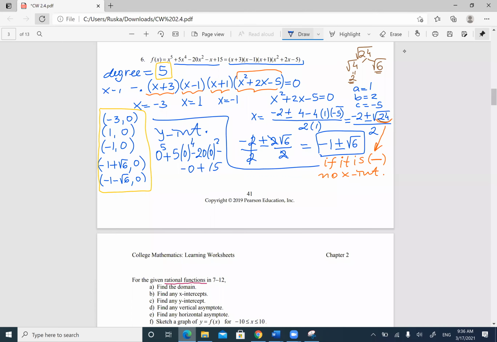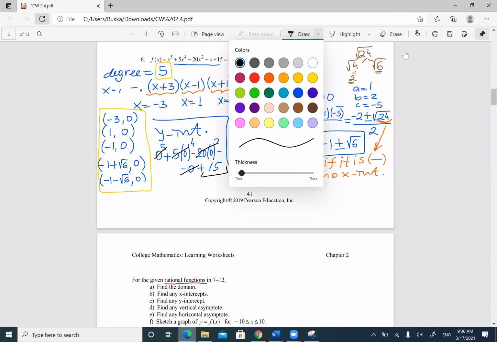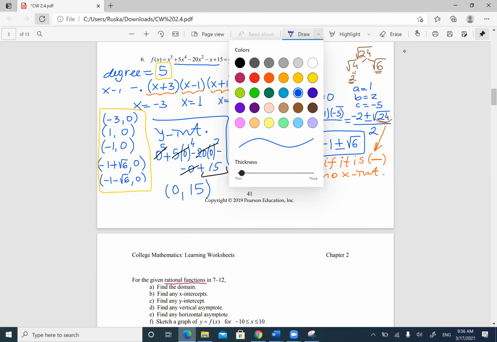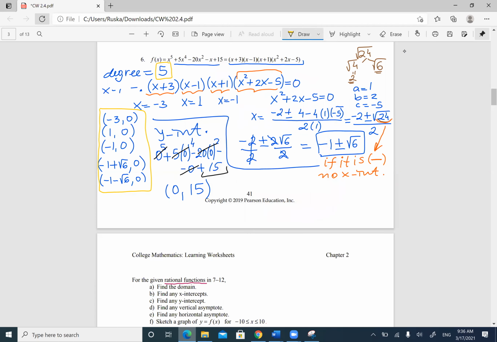And obviously all of these zeros are just going to disappear. I just put it there so you know what you're doing. And this is my Y-intercept. You're crossing the Y-axis at 15. So the Y-intercept is going to be 0, 15. Okay? That's the answer for the Y-intercept.